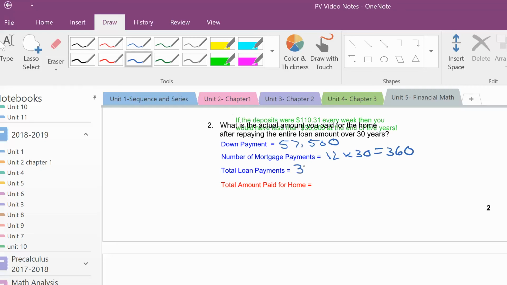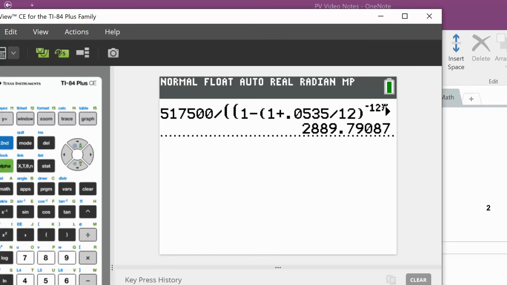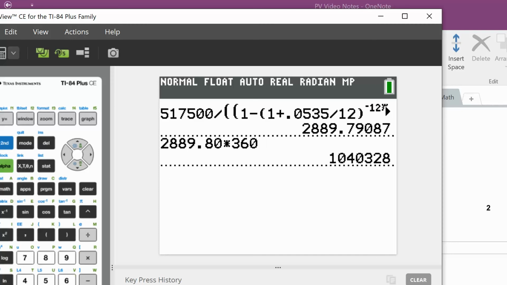Total loan payments: we have 360 payments times $2,889.80 every month. When you multiply, you get $1,040,328.